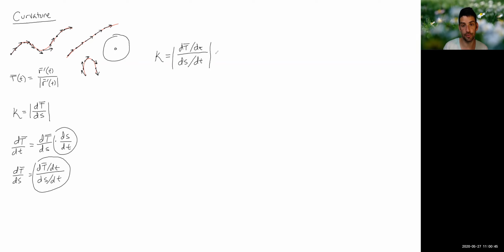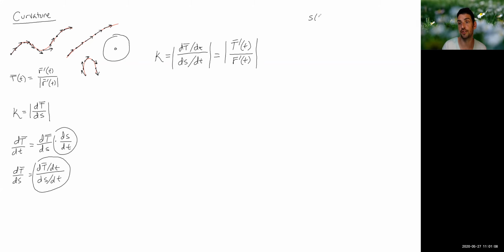Well, what is this formula really saying? dT/dt is just our regular derivative of the unit tangent vector. ds/dt, if you recall from a few moments ago, is the magnitude of the derivative of our vector function, right?